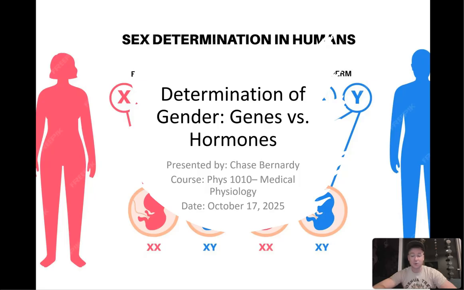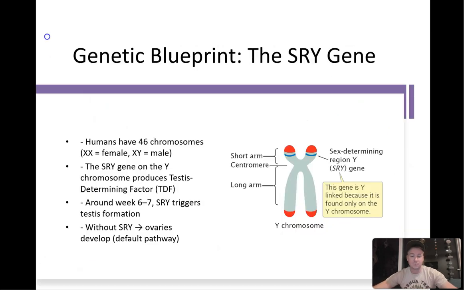It is the cascade of hormones that follow which sculpt our internal and external anatomy into distinct male or female forms. In this presentation, I'll walk you through how genes and hormones cooperate to determine sex, explore the key hormones and structures involved, and finally discuss what happens when this process goes off track.